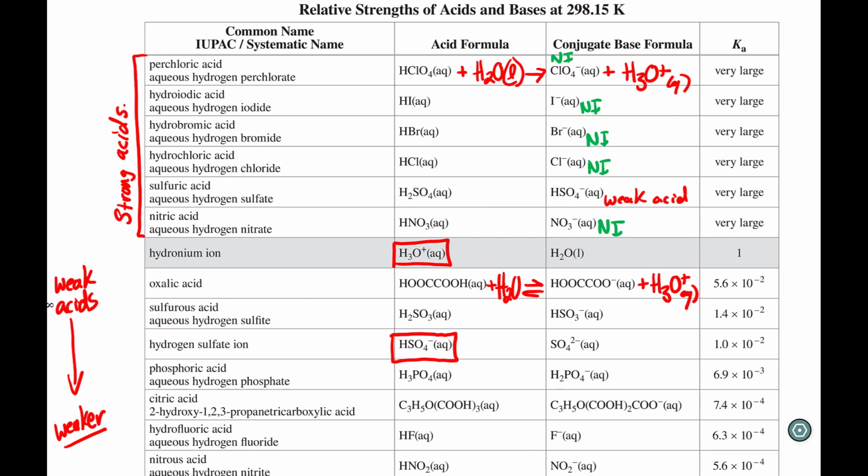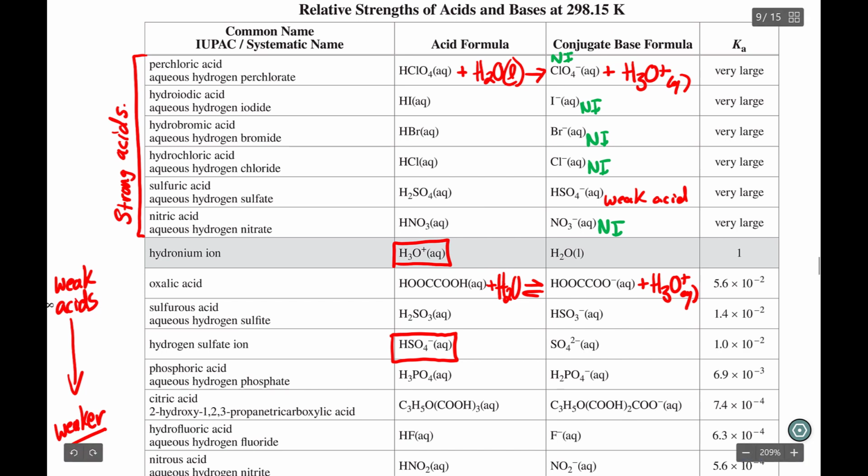It would be like an extreme case of hot potato. It would accept the hydrogen, turn into a strong acid, and immediately give it up. So these things can never really accept a proton because as soon as it would, it would then ionize immediately, and therefore it's not really a base.